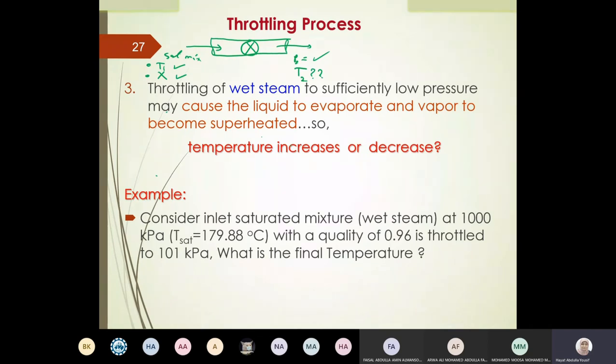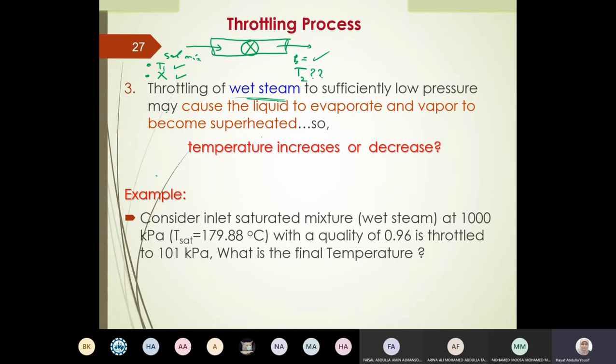So what we have here is throttling of a wet stream. If I put the wet steam in, the saturated mixture fluid, and I want to reduce the pressure, just imagine with me, you have a fluid that is a mixture, and you are reducing the pressure. With the reduction in pressure, you are allowing the molecules to be far away from each other.